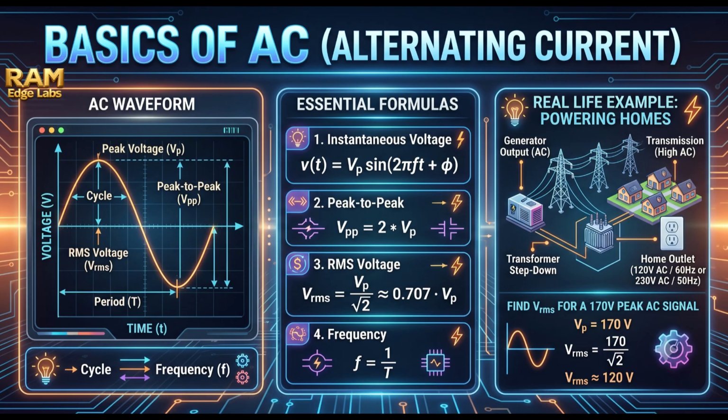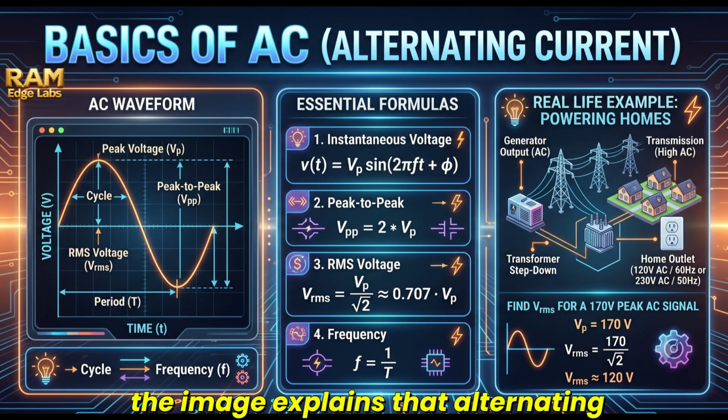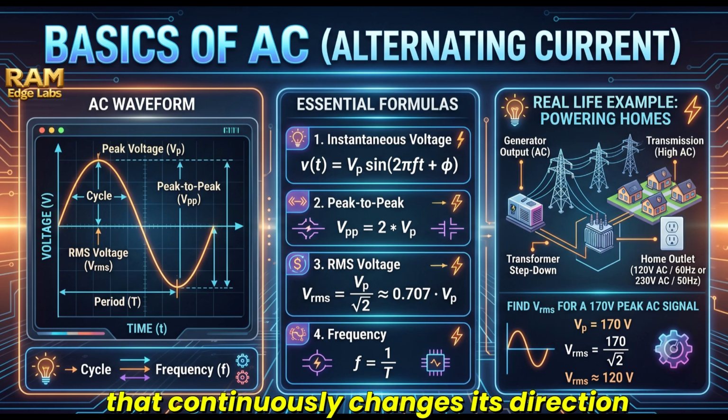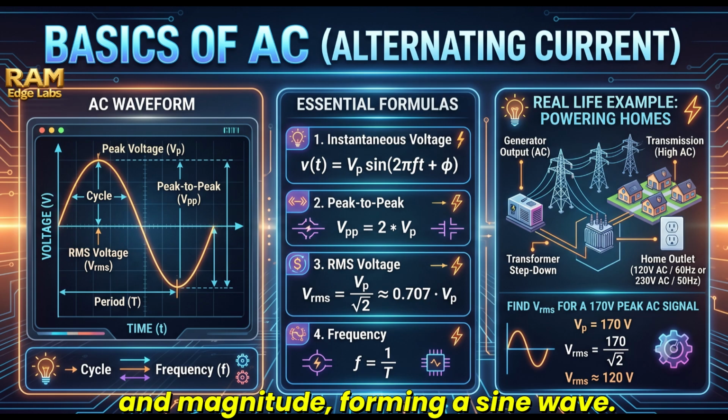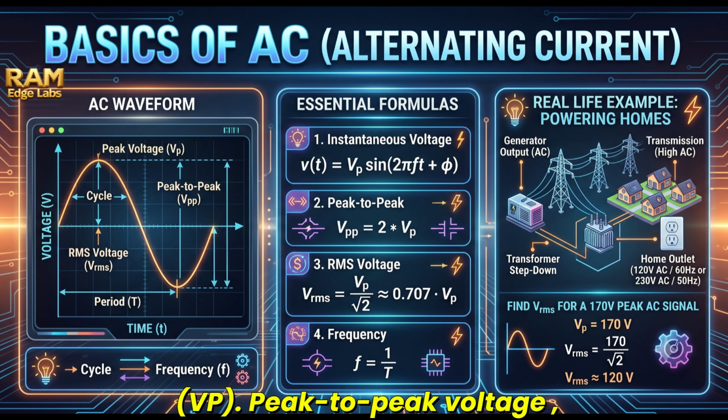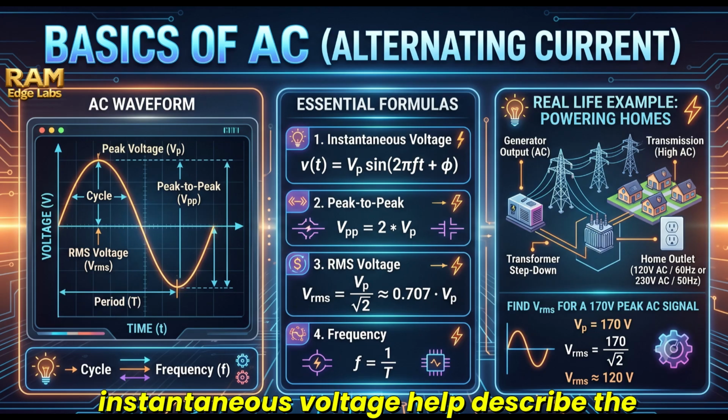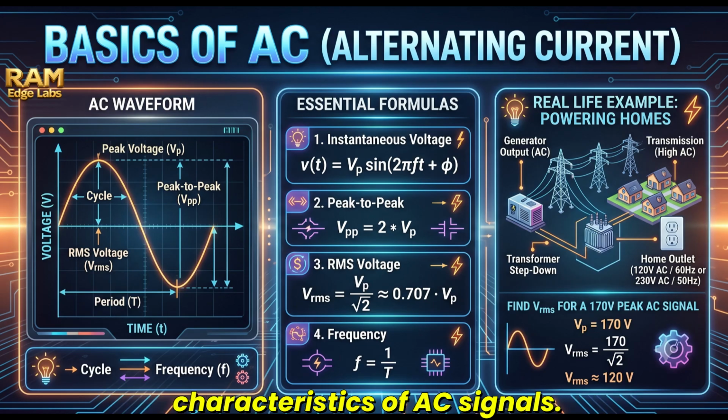In summary, the image explains that alternating current, AC, is an electrical current that continuously changes its direction and magnitude, forming a sine wave. Important terms such as peak voltage, Vp, peak-to-peak voltage, Vpp, RMS voltage, Vrms, period, T, frequency, f, and instantaneous voltage help describe the characteristics of AC signals.